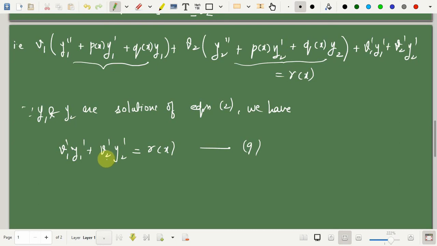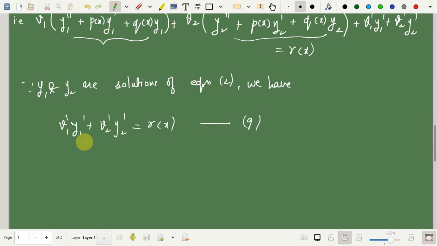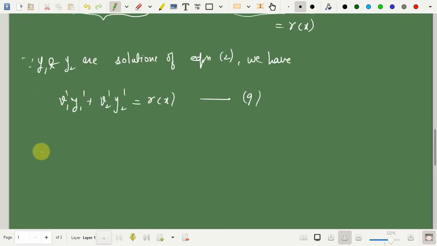So that leads to a system of equations which we are looking for to determine the values of v1 and v2. Taking equations 6 and 9, we get the system.